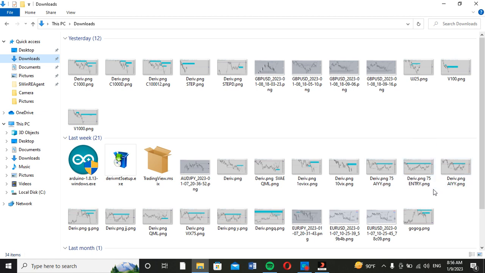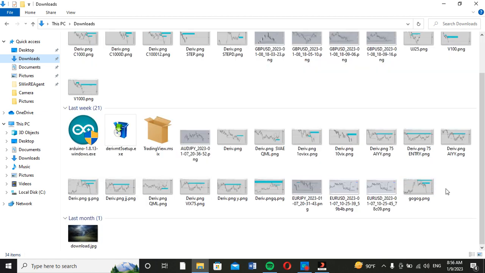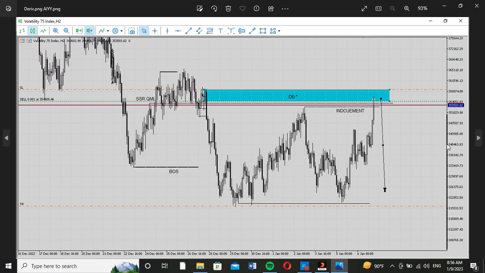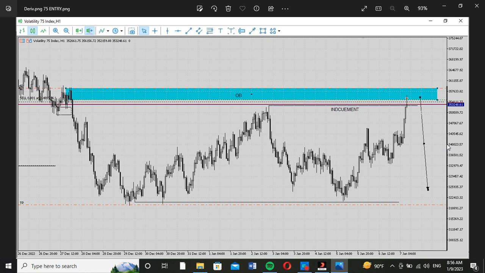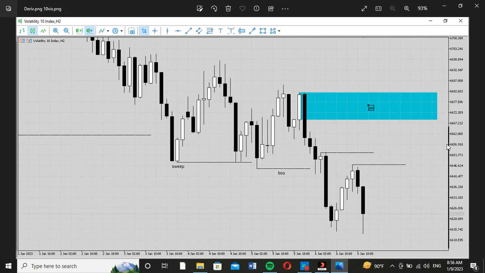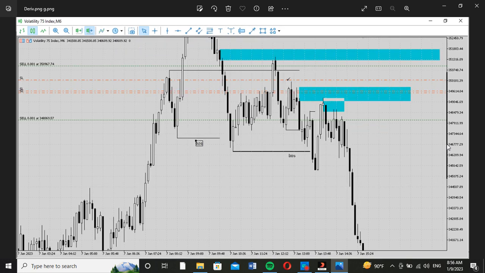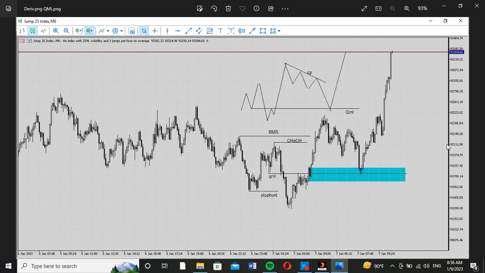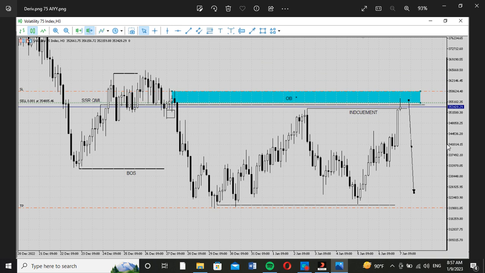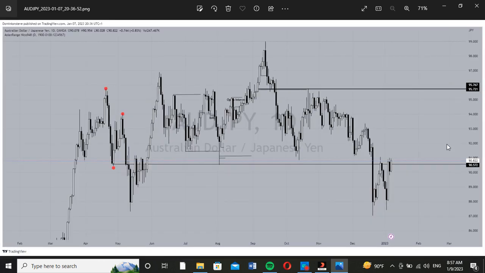I will show you guys the before and the after of the trade. So this was when the trade got triggered. Nope, not this one. All right, sorry about that.